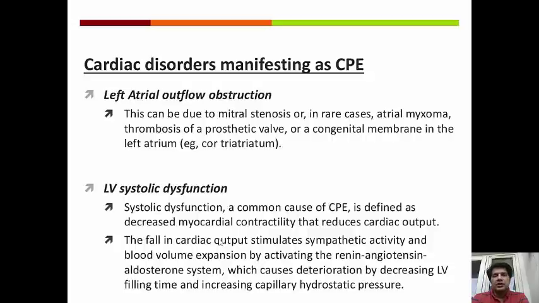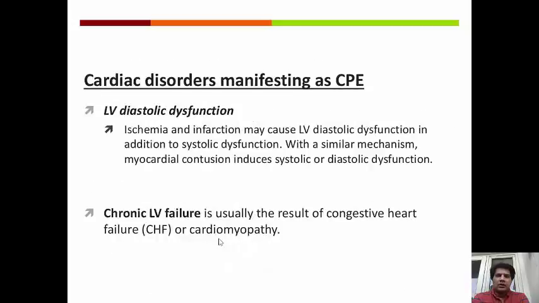So which are the cardiac disorders? As I told, you can have left ventricular systolic dysfunction, hypertension, and left atrial outflow obstruction like myxoma, mitral stenosis, or thrombosis of the valve. Then LV diastolic dysfunction, where the heart fails to relax, for example ischemia, and chronic LV failure.